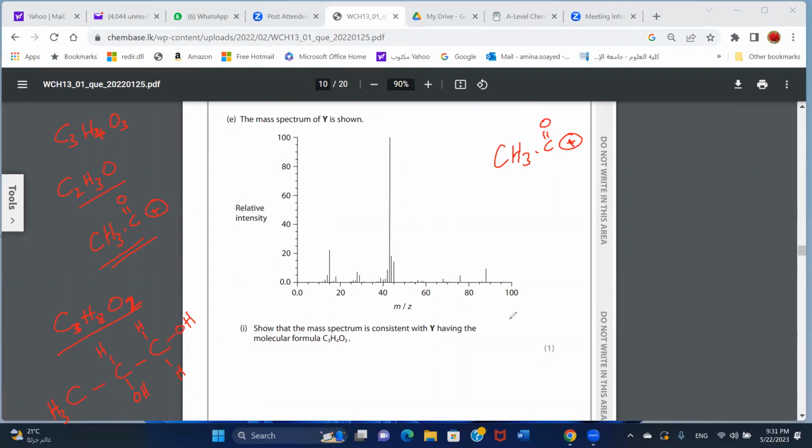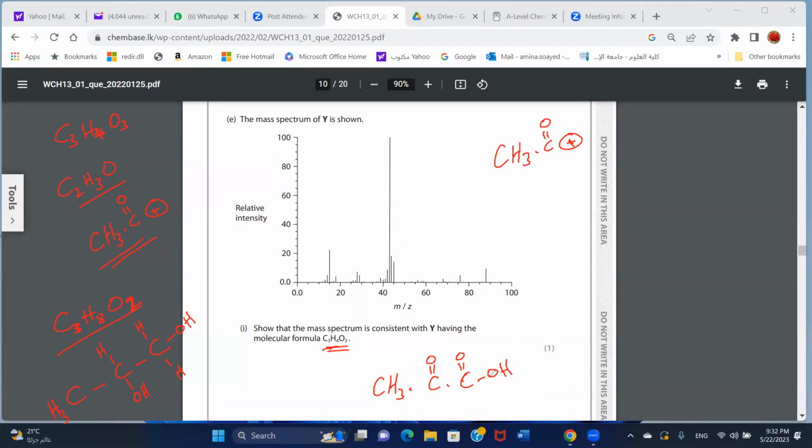It would be the CH3, C double bond O, and then C double bond O and then OH. Yes, it's a carboxylic group here. And from the molecular ion peak, we have known that it is C3H4O3.